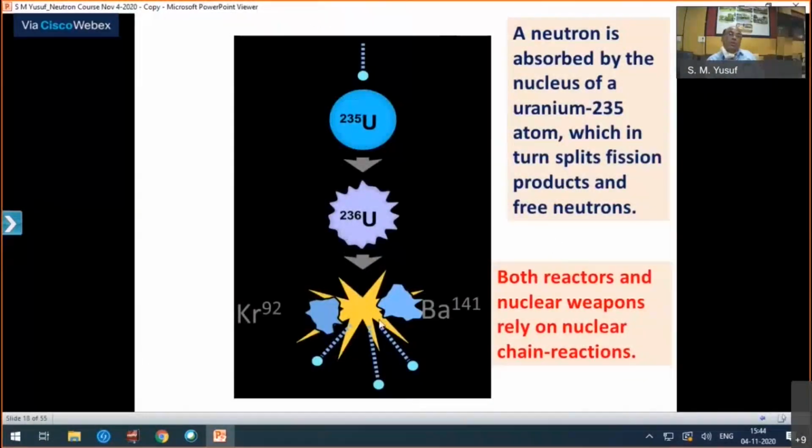How do we get neutrons? For our experimental purposes, in a reactor, to start with we get a neutron from another source, and then we bombard, let us say, one neutron onto a uranium-235 nucleus. Then fission takes place, and on average one neutron gives you about 2.5 neutrons.